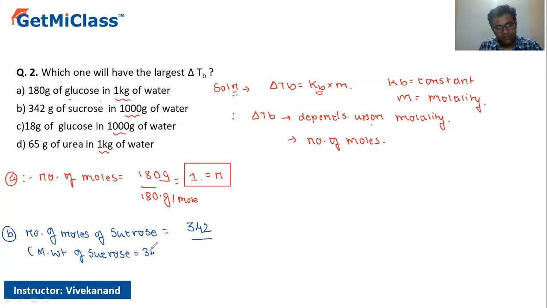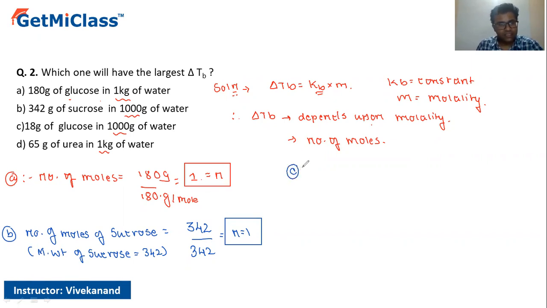So again n is equal to 1. The number of moles that have been utilized is again 1. So again, delta TB remains the same for both of these particular cases.